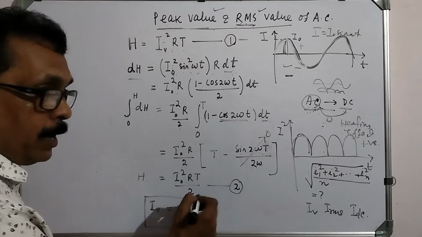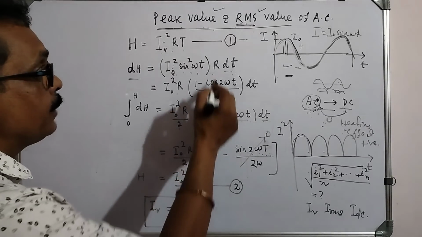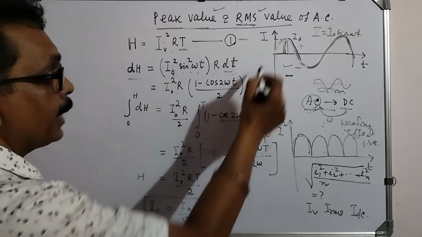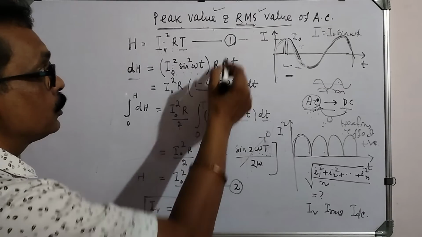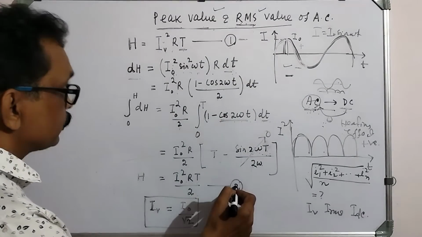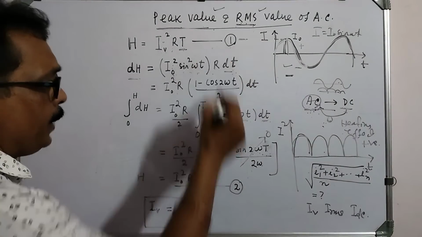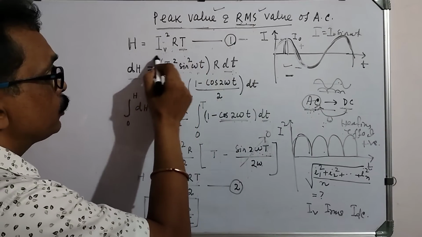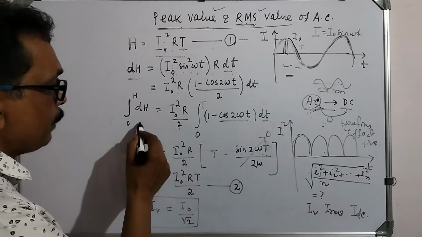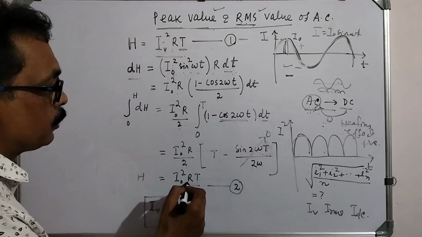So heat produced by the AC in the same time T, or in one time period, is equal to I0 squared RT divided by 2. Suppose this is equation 1 and this is equation 2. When you applied DC, the heat produced is equal to this much, and when you applied AC, the heat produced will be equal to this much.